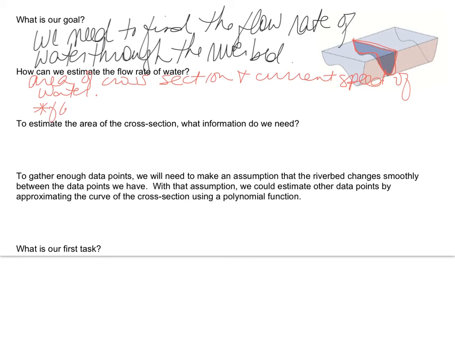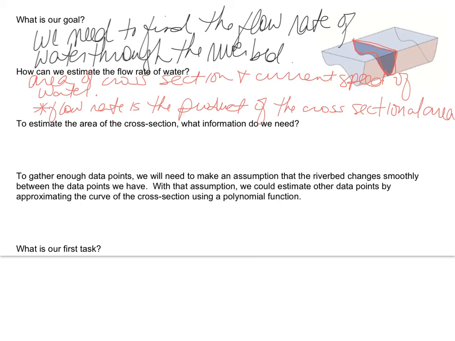So we know the flow rate is the product, which is multiplication, of the cross-sectional area in square feet and the speed of water in feet per second.